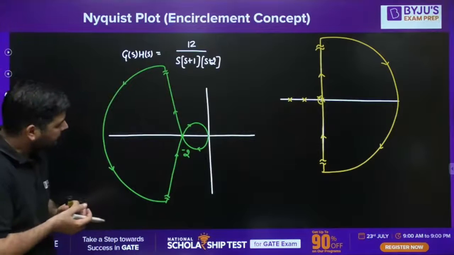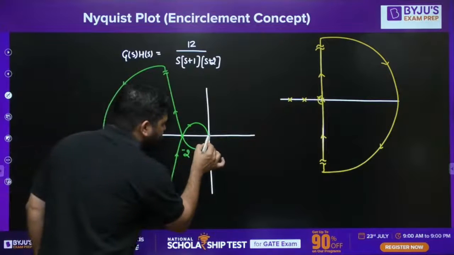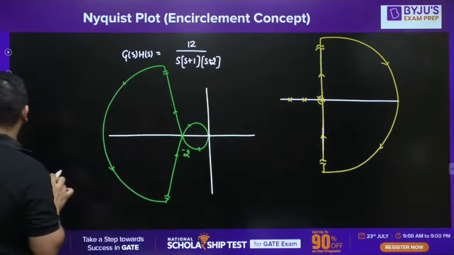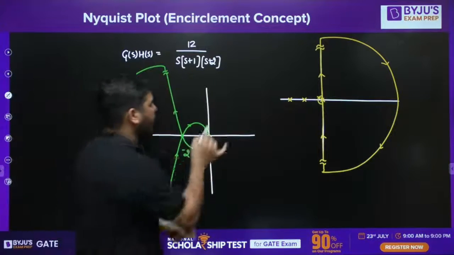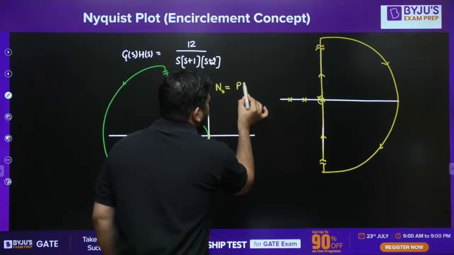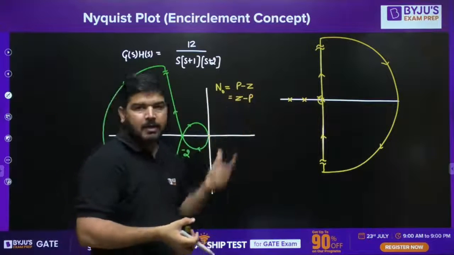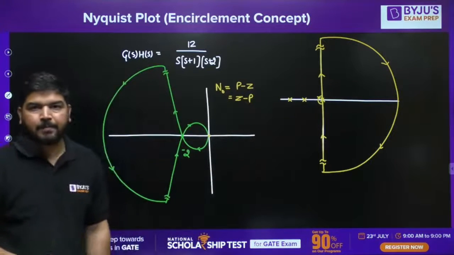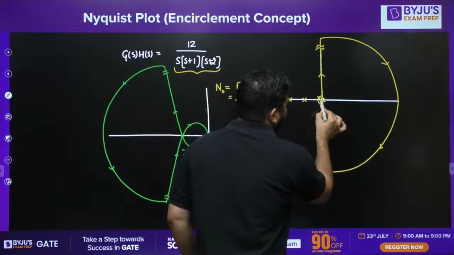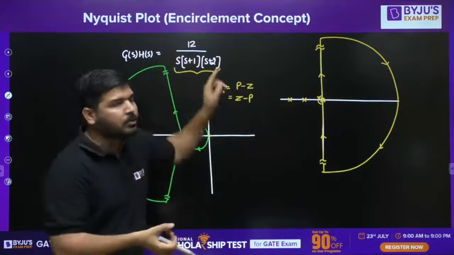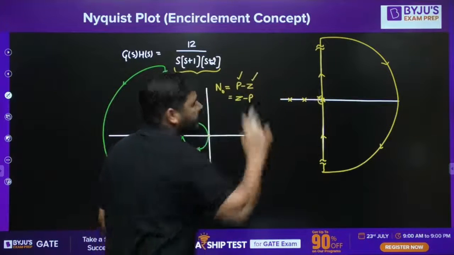Now this is my G(s)H(s). If you are looking at the encirclement of origin in the G(s)H(s) plane, remember what you are doing. If you are looking at the encirclement of origin, then you are writing P minus Z or Z minus P. Now you know that one pole is lying inside this contour and there is no zero inside this contour.